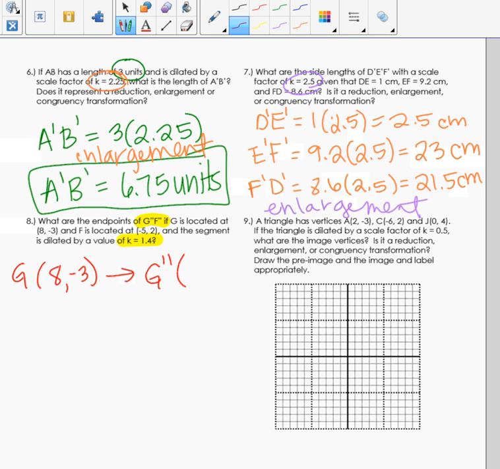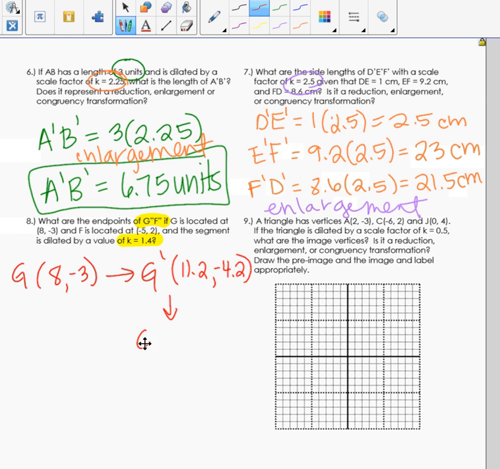I'll write out the process. You do not need to show this work. You could go straight to G double prime, but if you wanted to find G prime, you would do 8 times 1.4, which would get you 11.2, and -3 times 1.4, which is -4.2. So that's when you multiply by your scale factor once.